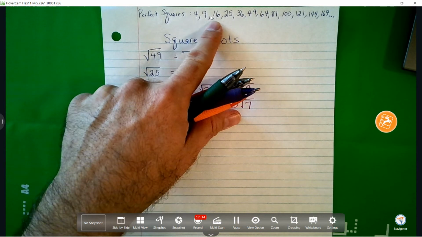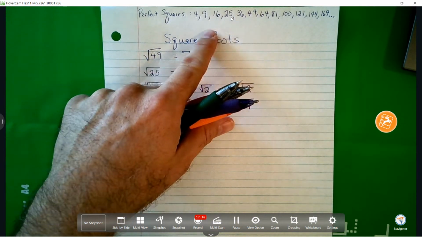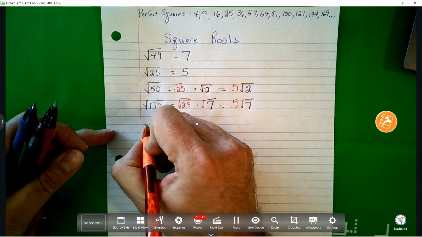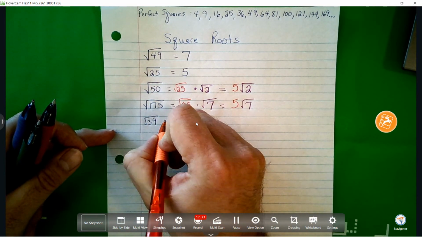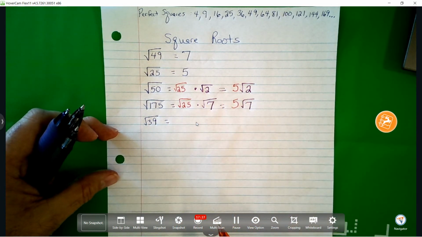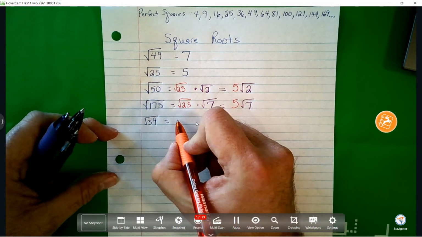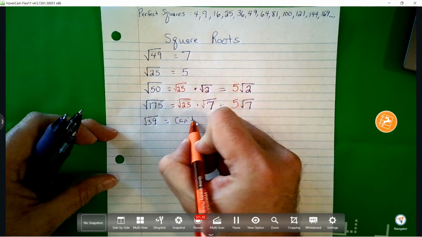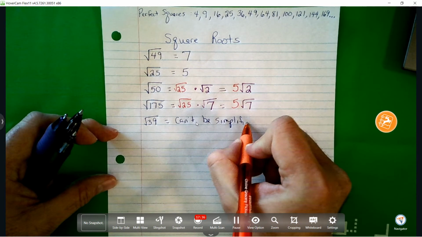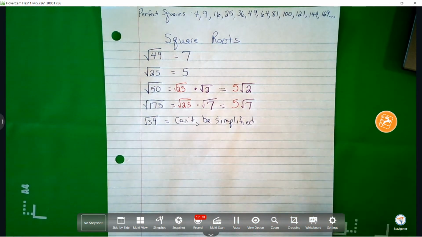Neither does 9, 16, 25. Don't really need to go any larger. So we're looking at the square root of 39. Notice you can't rewrite it like this using a perfect square. So all we can say is it can't be simplified. I think that's the second option. Okay.